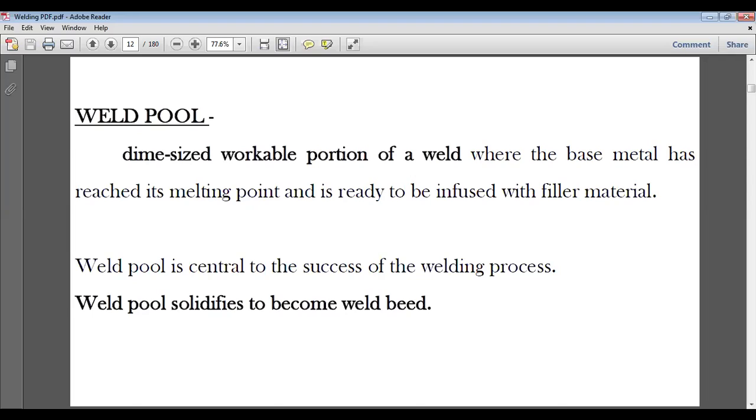As we have seen, it not only fuses together the molten metal, but at the same time it provides strength. So all the success of welding lies on the type, nature, and depth of the weld pool.